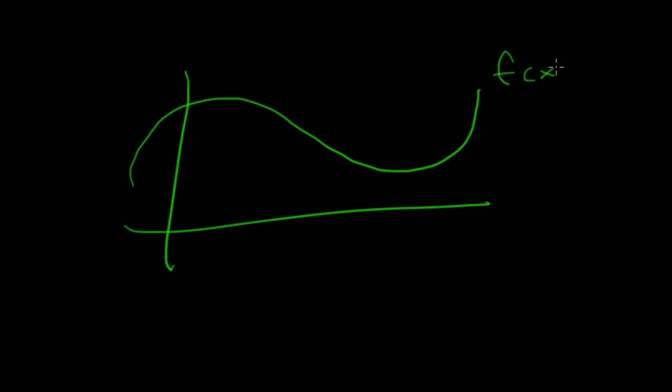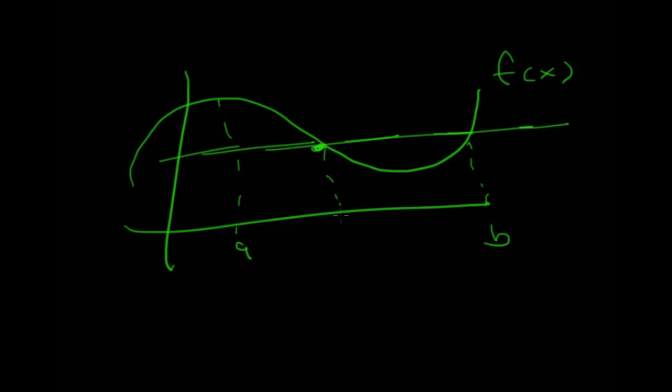There has to be some average value of this function between a and b. Let's say that average value happens here, which means there has to be some point C between A and B where that average value occurs. That's all we're saying, that there has to be a point where the average value occurs at C.